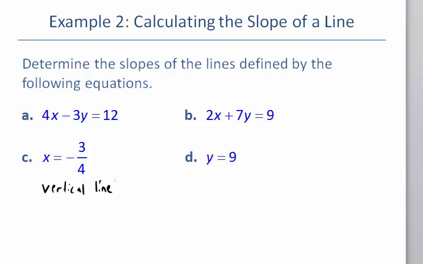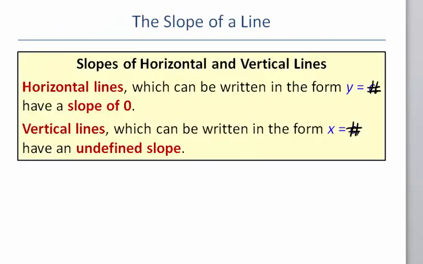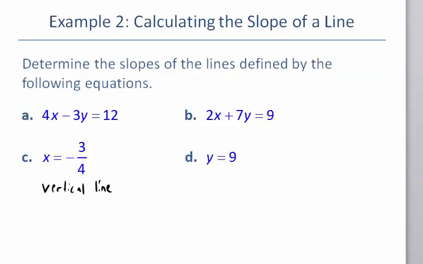And if you remember, we said that vertical lines have an undefined slope. So we simply say here on our example that the slope is undefined, and we are done.